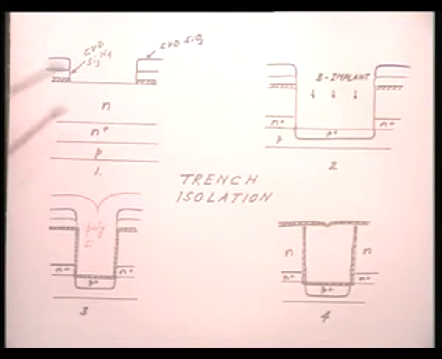After that you have a pad oxide and then a double layer, one of CVD silicon nitride and then on top of that a CVD silicon dioxide. You deposit this all over the substrate and then remove it from certain regions where you want the isolation region to exist, where you want the trench to be etched.